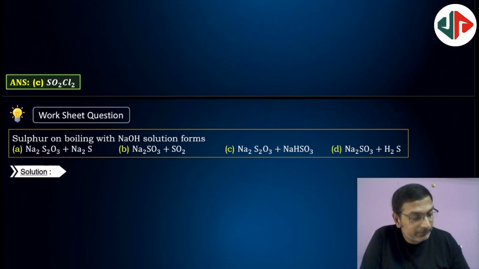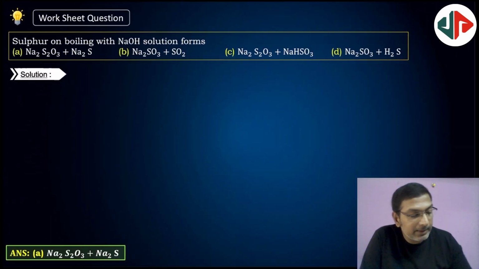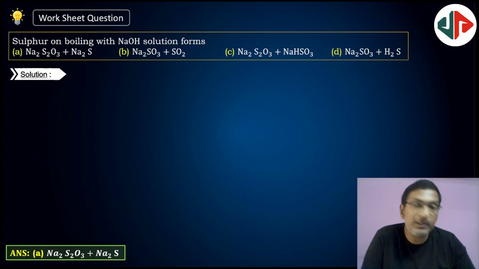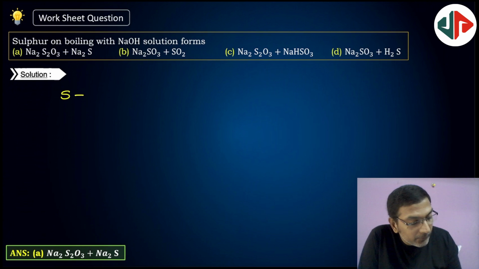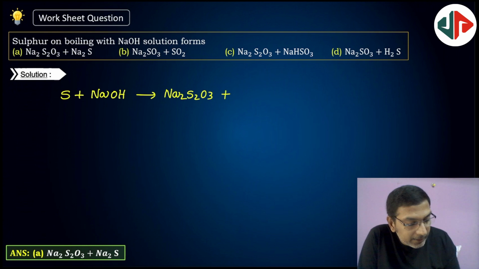Next. Sulfur on boiling with NaOH solution forms. So sulfur on boiling with NaOH solution. Sulfur with NaOH. It will give Na2S2O3, sodium thiosulfate plus Na2S plus H2O.